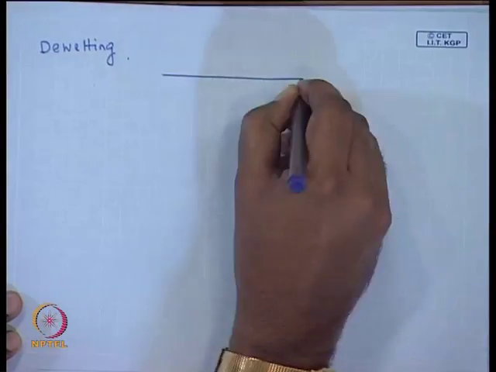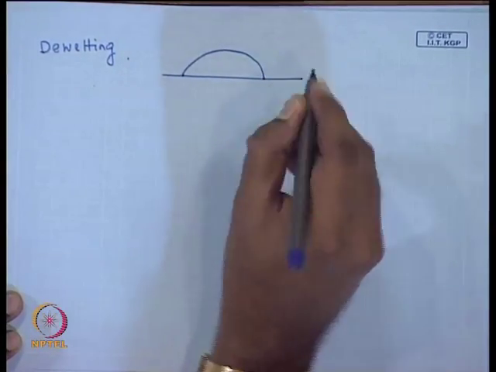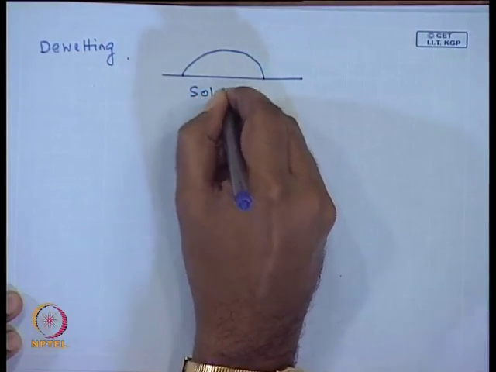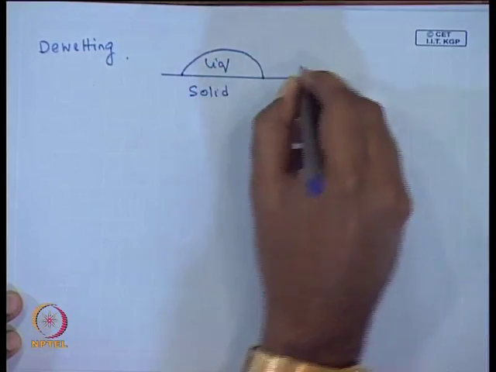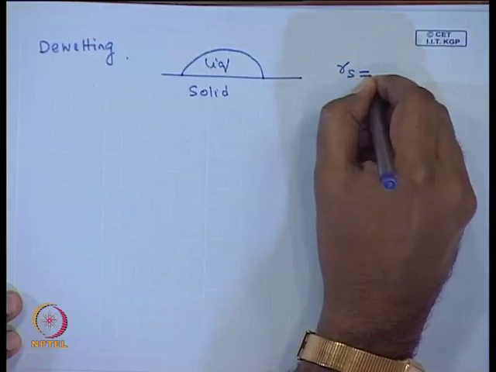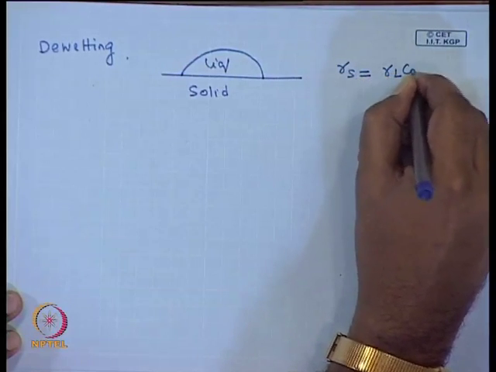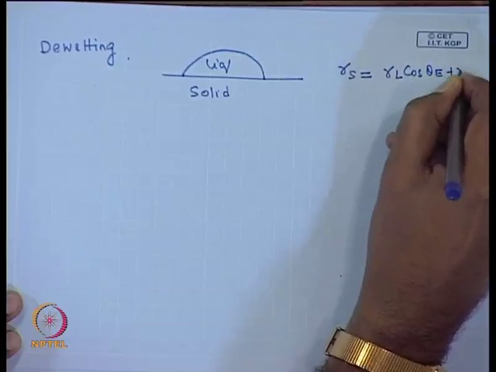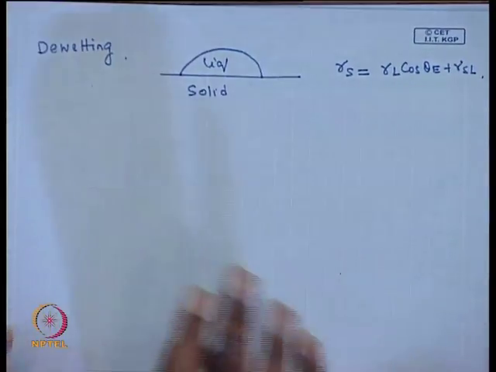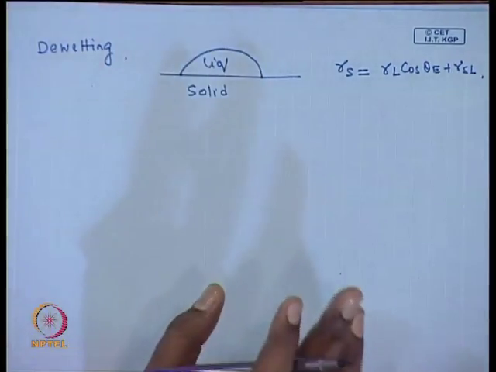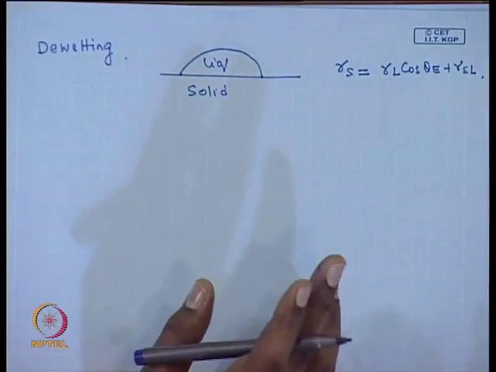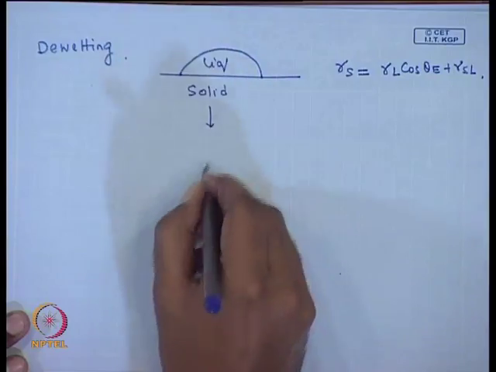What exactly happens is this: you know that for a specific liquid-solid combination, the Young's equation is going to be valid. So, this is, let us say, the initial drop. Now, what have you done? By way of spreading, you have applied some energy externally and you have spread the liquid.